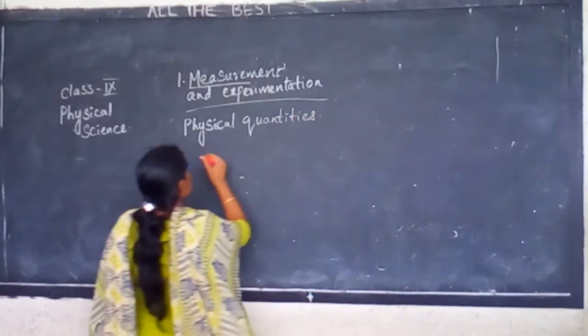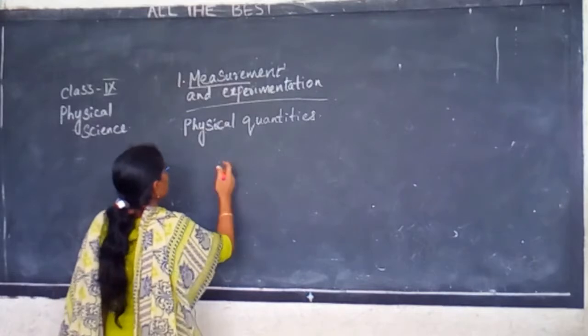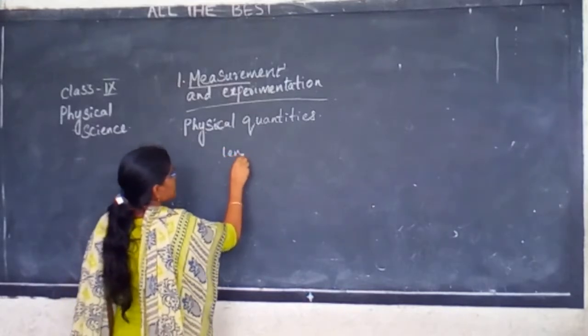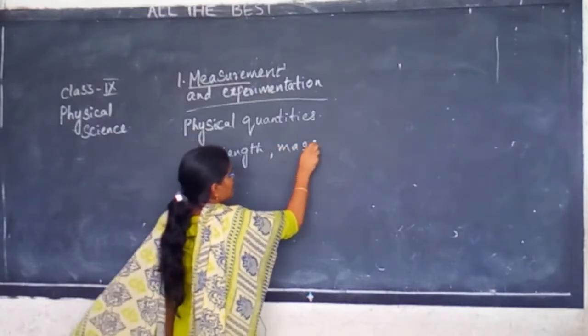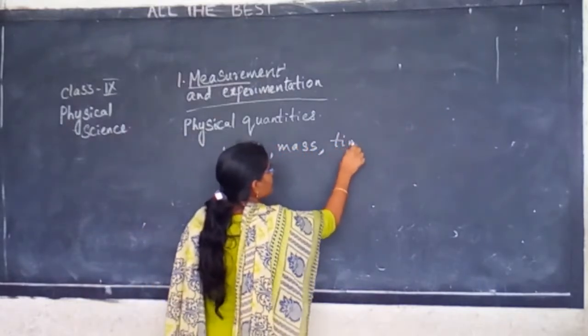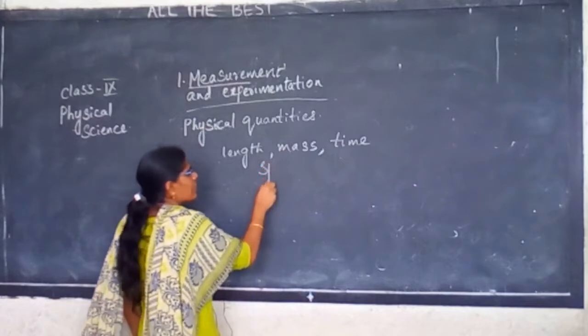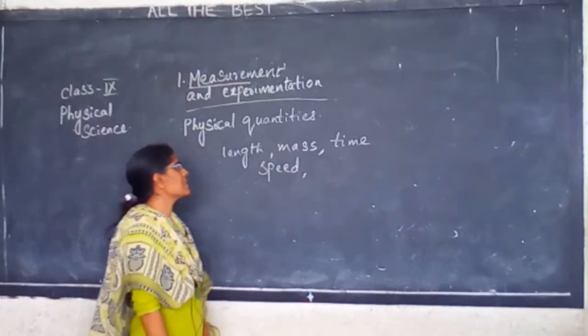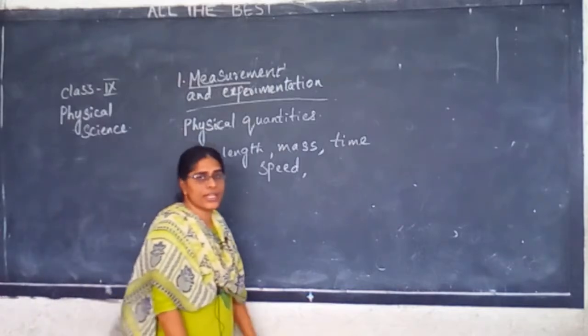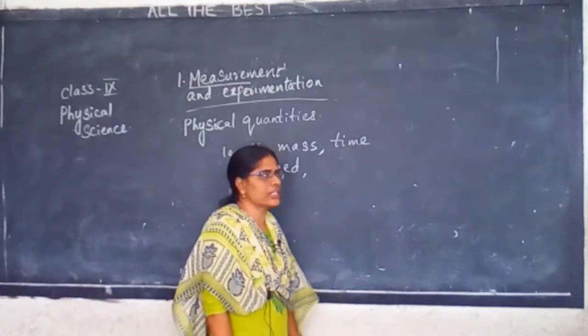Length, mass, time, and speed. All these we discussed in the last class. We said that these are all physical quantities.